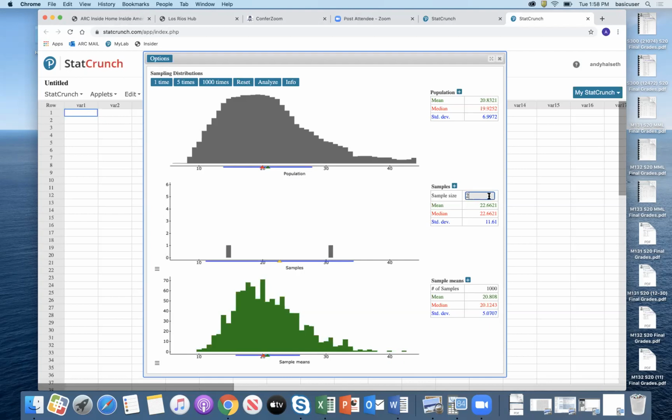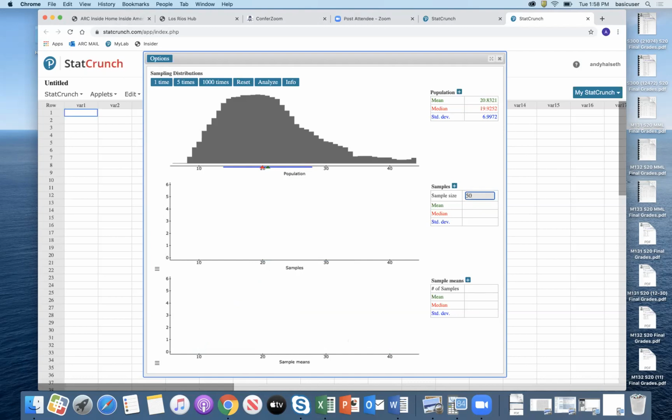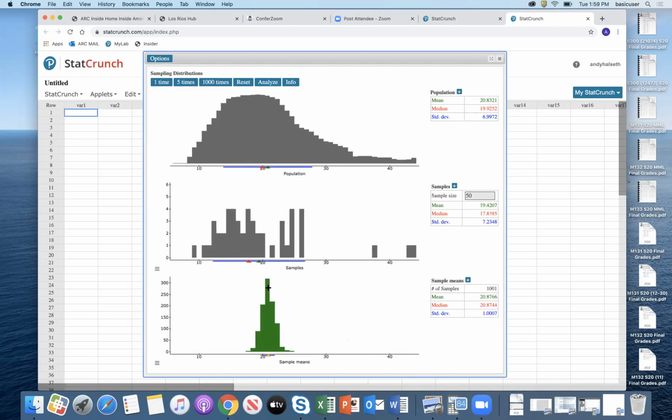Instead of 2 students, we're going to take 50 students at a time. If I did that once, there's all 50 ages, and I'm averaging all 50 ages to get one mean. And then if I do that 1,000 times, oh look, now I get a bell-shaped curve. There's no more skew to it.